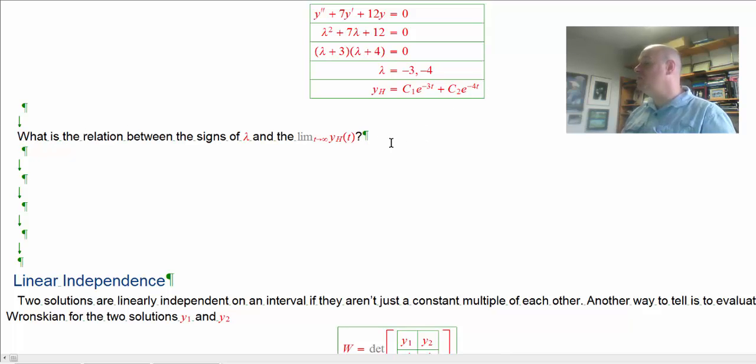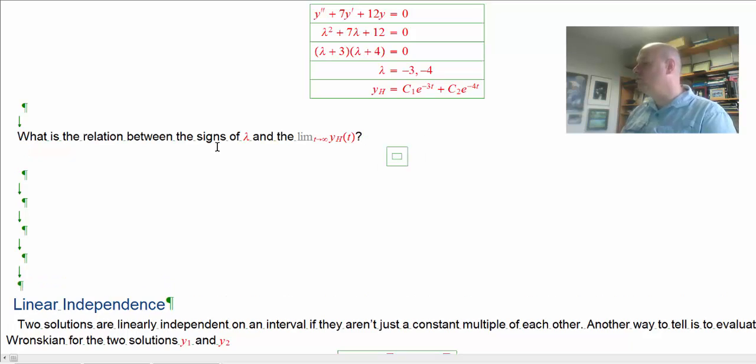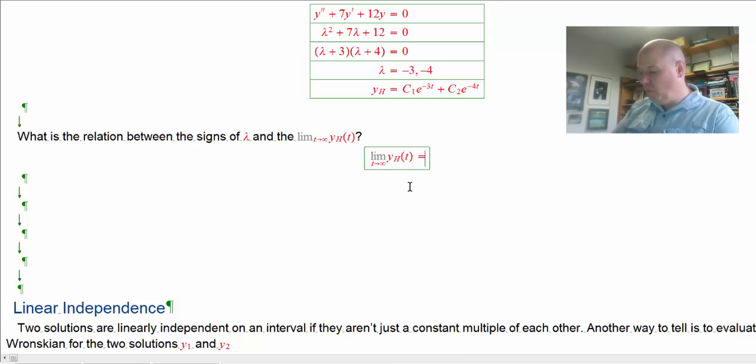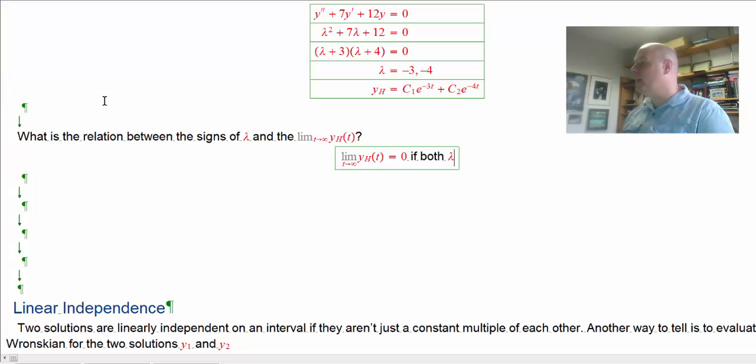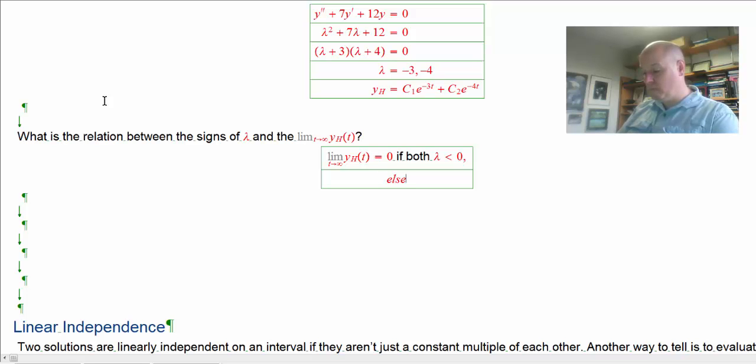So what's the relationship between the signs of the eigenvalues and the limit as time goes to infinity, or what the solution eventually approaches? This is either equal to 0 if both eigenvalues are negative, or else it goes to infinity.